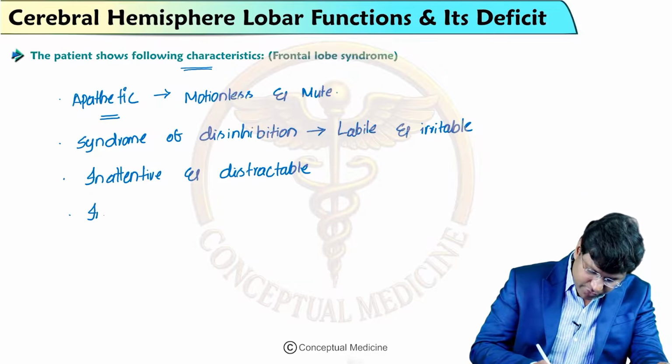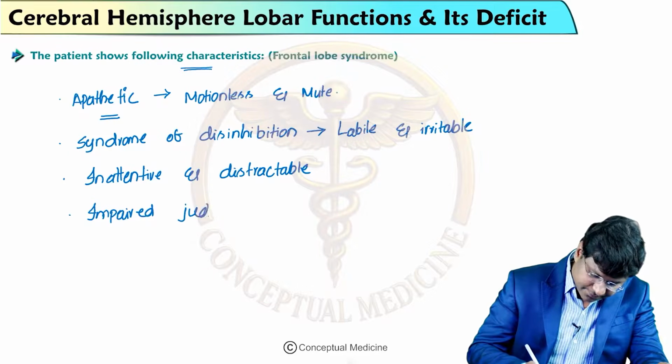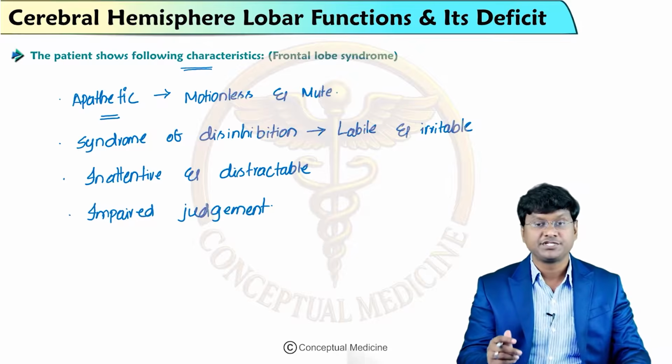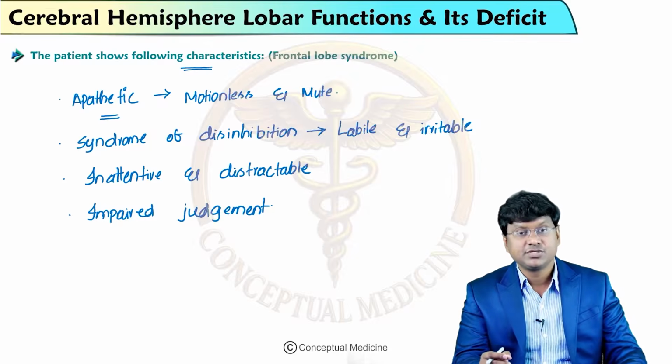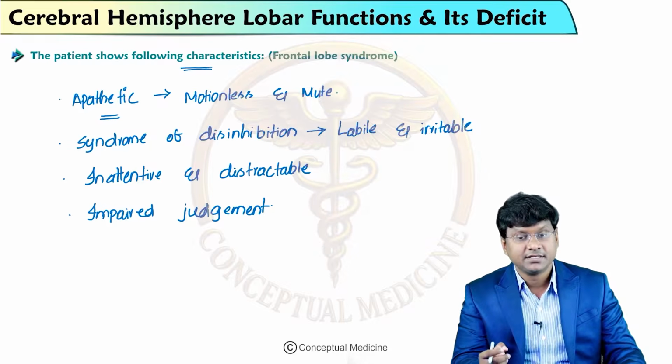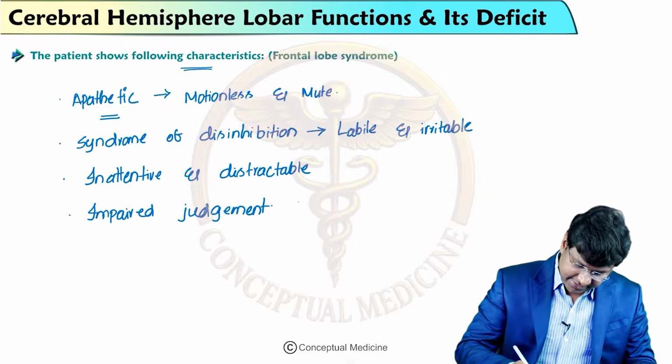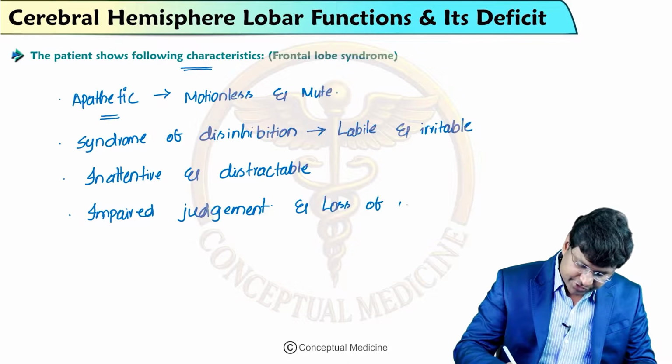So the individual will not be able to make out what is right and wrong. And the individual is unable to make out what is pleasure and displeasure, and is unable to decide the prioritization and as well as sequencing, and there is also loss of usual inhibition.